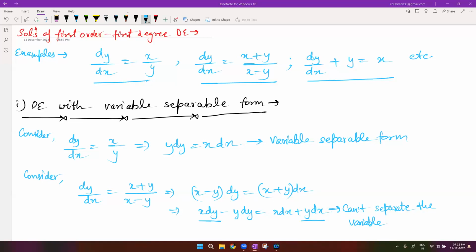So this one is variable separable, this one is homogeneous, and this one is linear differential equation. All three are different, right? But right now, because we are studying the first form, this one was from the first form. dy by dx is equal to x upon y.